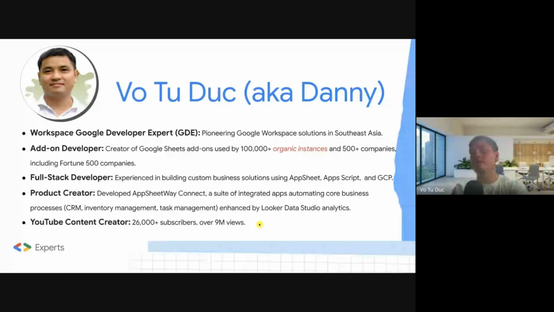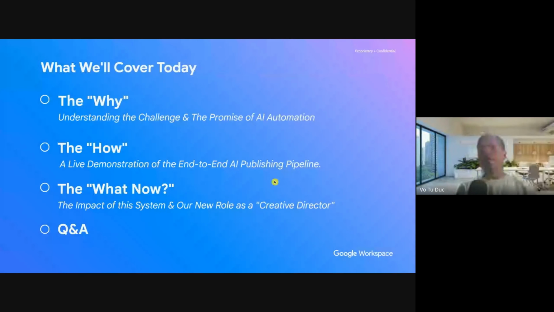Hopefully my session will be helpful to somebody as well. In our 30-minute call, we will have four topics. We will walk through the why, the how, and the what.